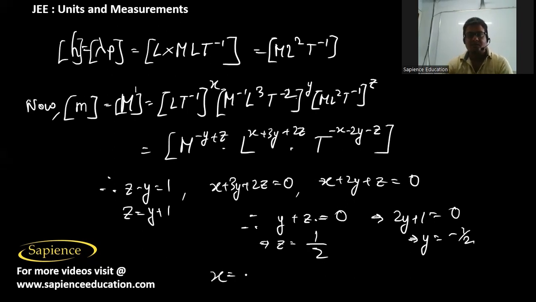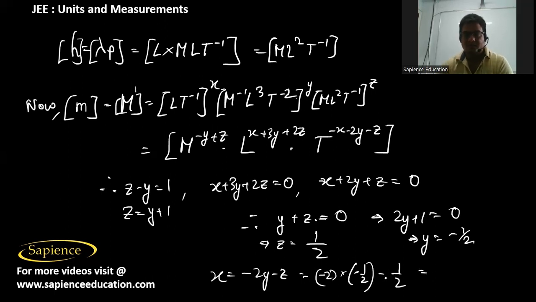So x will be equal to minus 2y minus z. So that should be equal to minus 2 into minus half, minus half. So this will be 1 minus half, that is equal to half. So x will be equal to half.